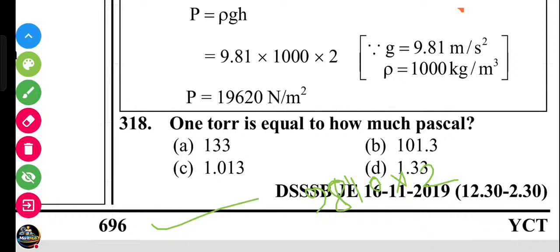One torr is equal to how much pressure? One torr equal to megapascal. It's atmospheric pressure, one atmospheric pressure. I think it's 101.3.